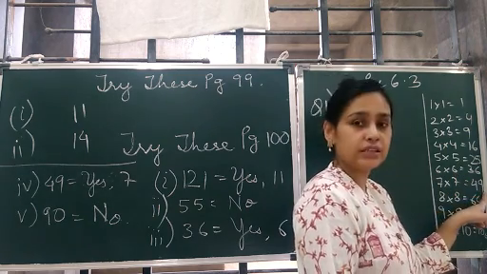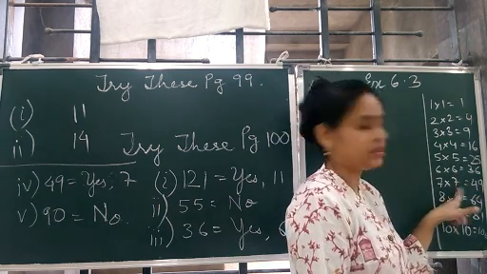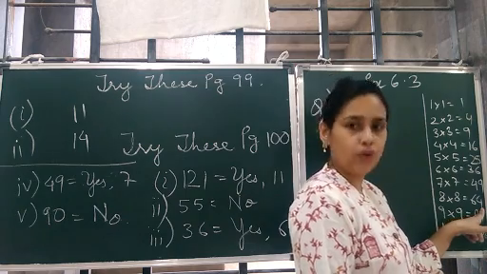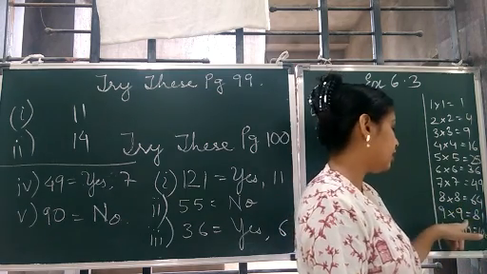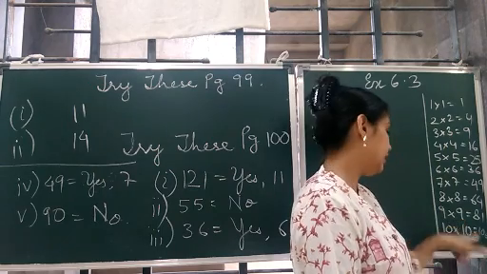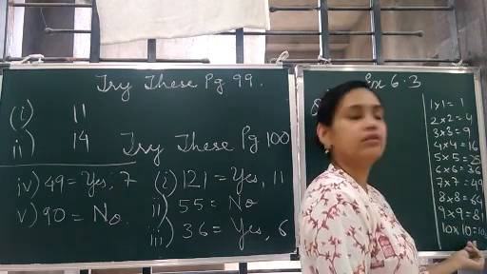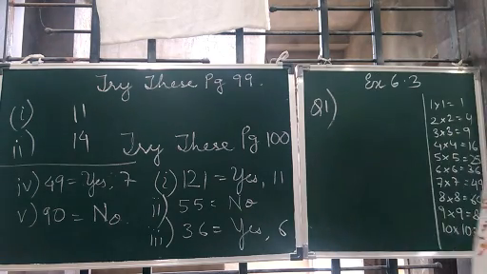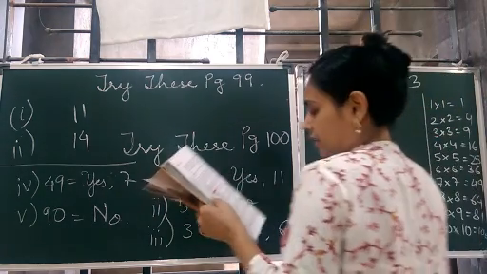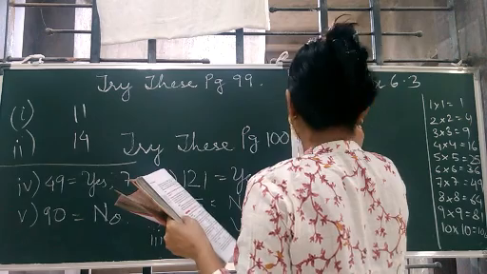Wherever there is 9, units place will be 7. Wherever there is 4, units place will be 8. Wherever there is 1, units place will be again 9. Wherever there is 0, units place will be 0. Okay, so you write this at the side of your copy, then you write the question.